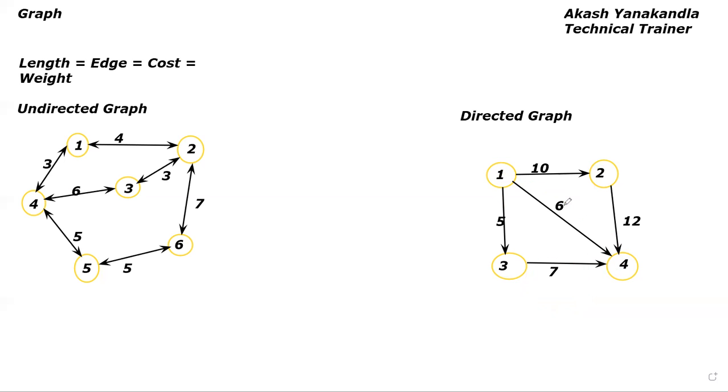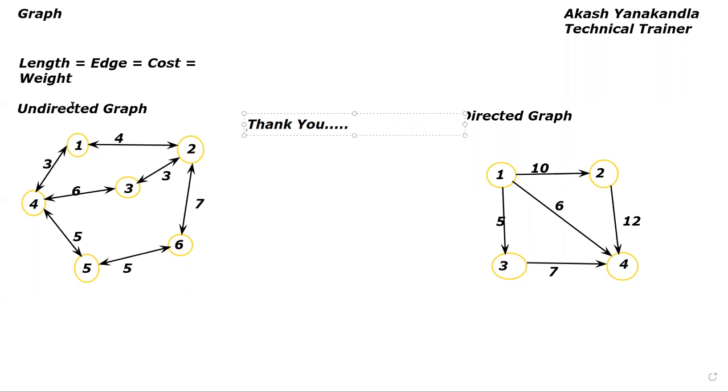This video is basically to point out a few things carefully. That is, in directed graph we have unidirectional arrows, and in undirected graph we have bidirectional arrows. So in today's video, we saw the types of graphs: undirected graph and directed graph.